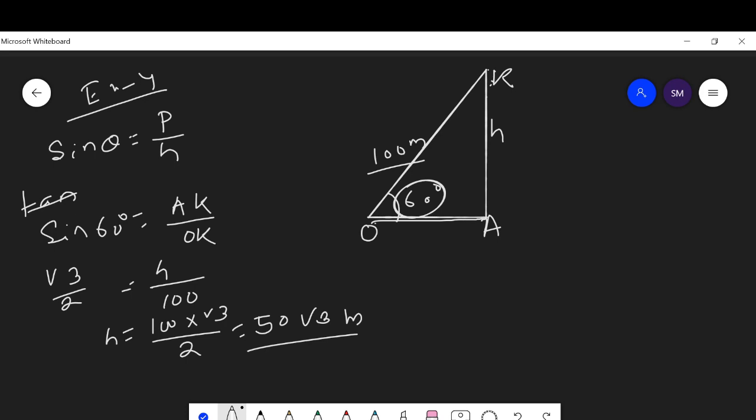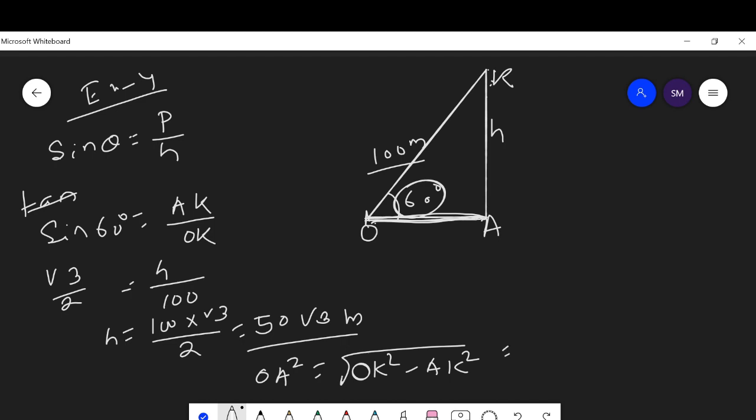By applying Pythagoras theorem, you can find out the length of OA, that is, the distance from where the person is standing at O. OA squared is equal to OK squared minus AK squared.